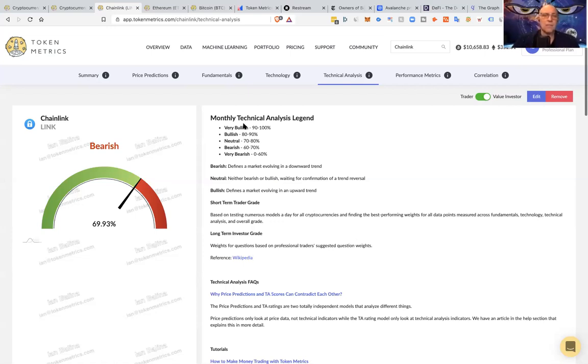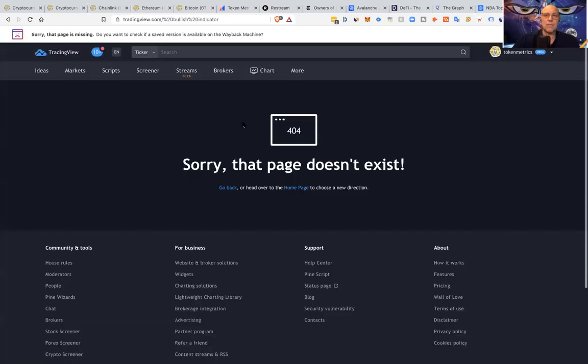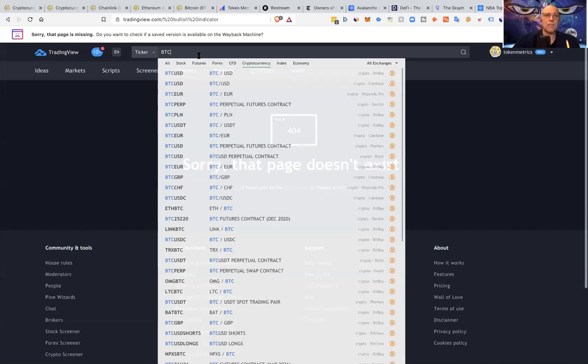TradingView, because I've not actually used TradingView in forever. Sorry, give me a minute here. I'm just trying to see how to use TradingView here. So Bitcoin, let's look at Bitcoin.